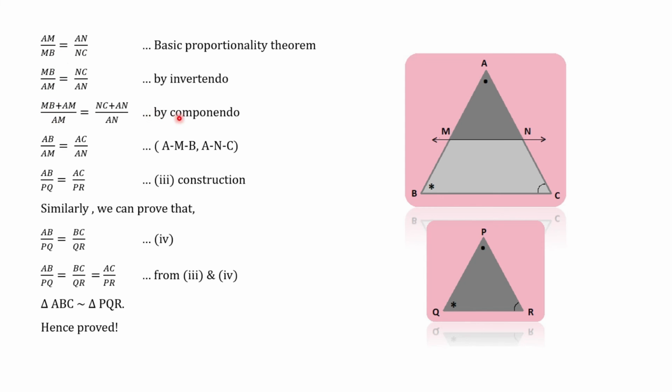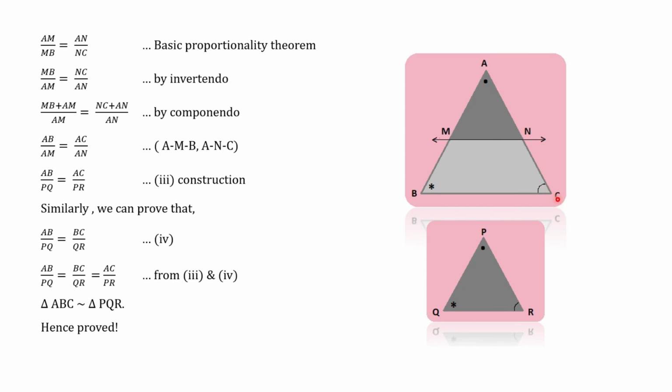Next step, I am doing componendo. By adding denominator to numerator, numerator plus denominator upon denominator is equal to numerator plus denominator upon denominator. So MB plus AM upon AM is equal to NC plus AN upon AN. Let's see, MB plus AM is what? AB here.